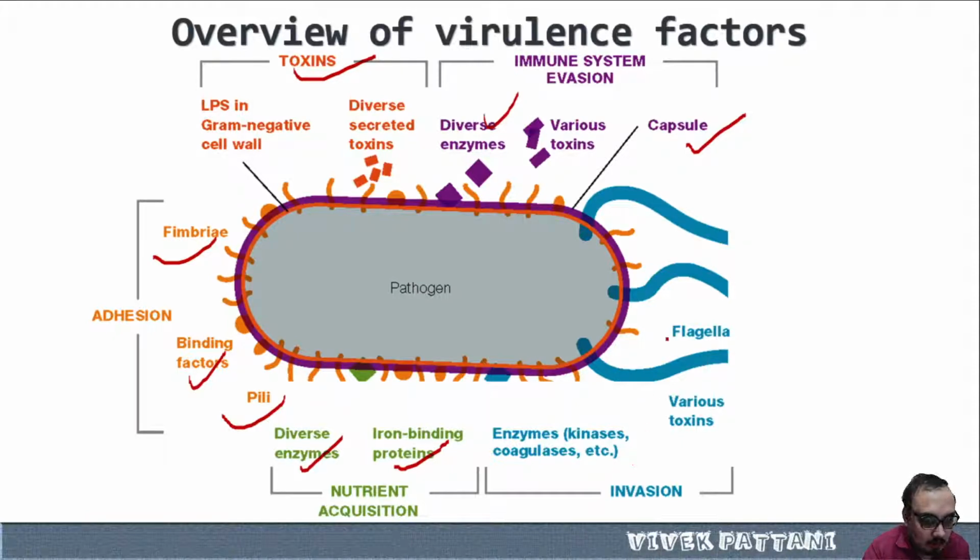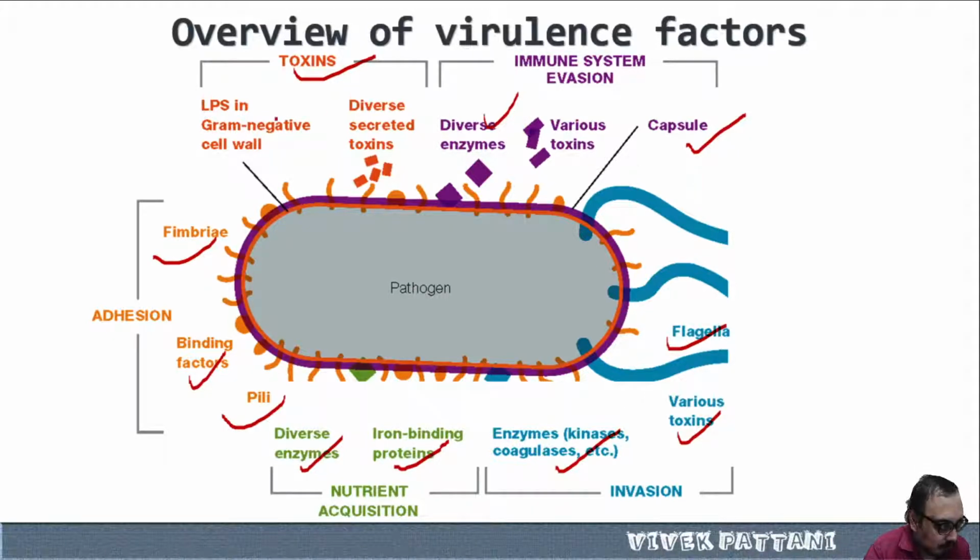And for invasion they are going to use flagella or maybe toxins or enzymes such as kinases, coagulases, etc. So you can see each and every system has its own different type of virulence factors which are needed for particular functions.